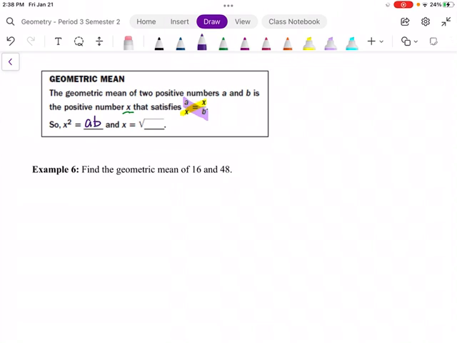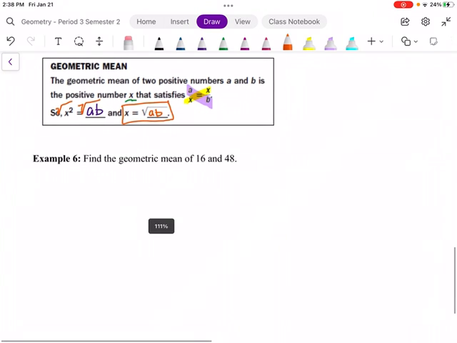If we were to solve this equation like we went over earlier, we would take the square root of both sides, and that is where we get x equals the square root of ab. So this equation you are going to want to remember so that you can use it to solve problems when you're asked to find the geometric mean.